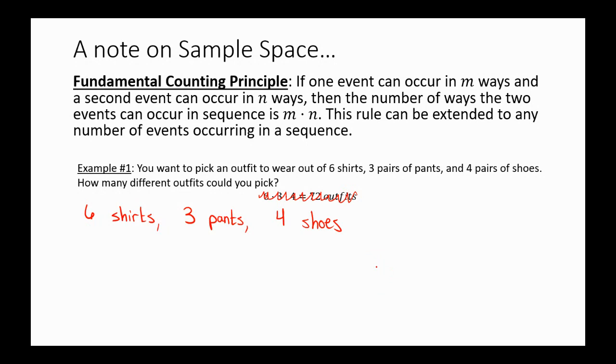I'm going to just say 4 shoes. So the total number of outfits that we can make would be 6 times 3 times 4, which gives us 72. That's right. There's 72 outfits that you could wear. That's all the fundamental counting principle says.